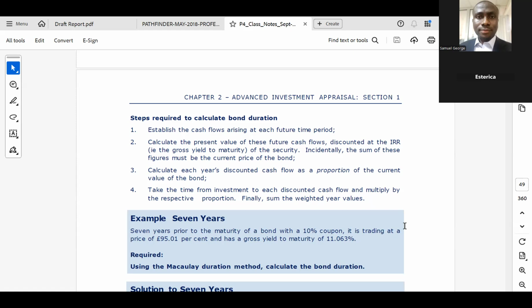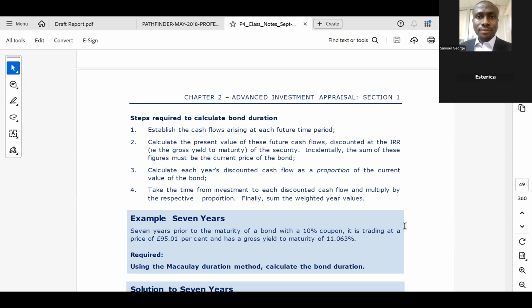You have gotten the proportion in year two, multiply it by two. Year three, multiply the proportion by three. Year four, multiply the proportion by four, and so on. Finally, sum the weighted years together. After you multiply, you have the weighted years, just add them together. That is the duration.